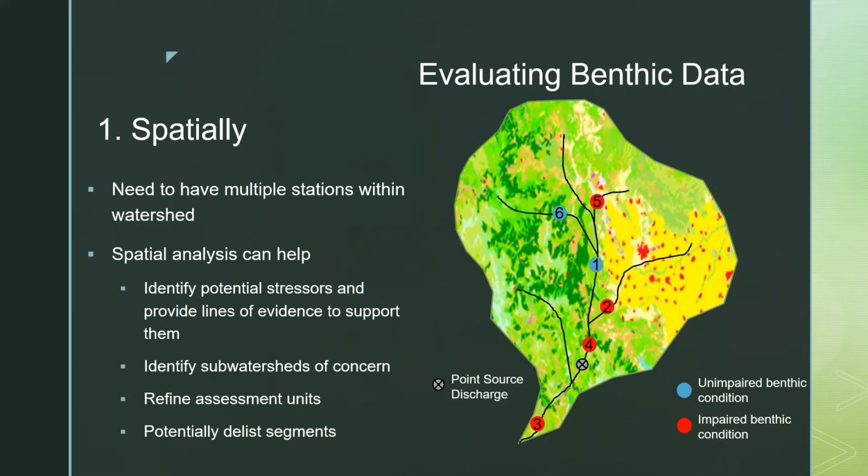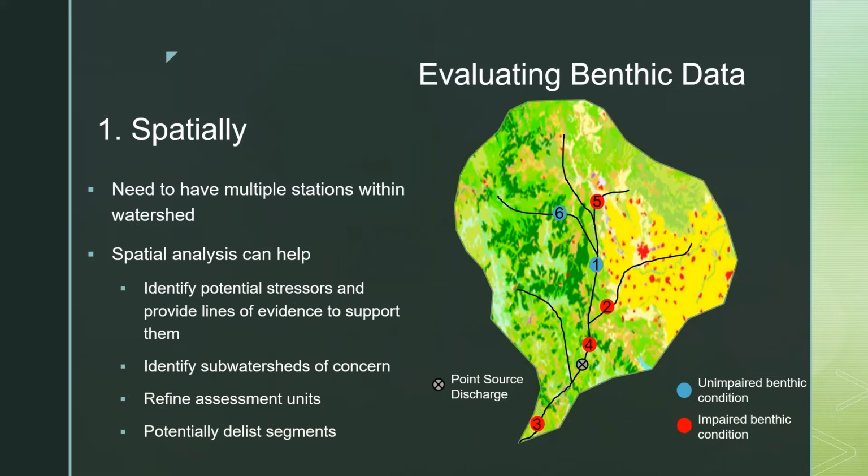Okay, so how can it help us? Well, it can identify potential stressors. It can potentially help us identify if there's some sub-watersheds that are of particular concern. Maybe it can even help us refine our assessment units and potentially delist segments.